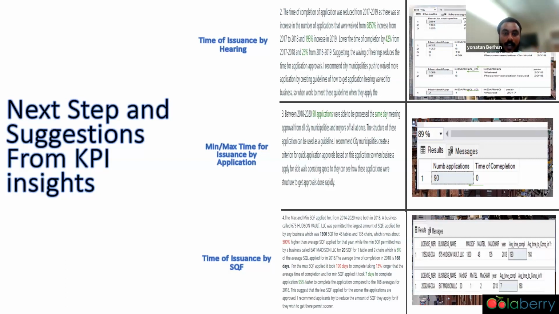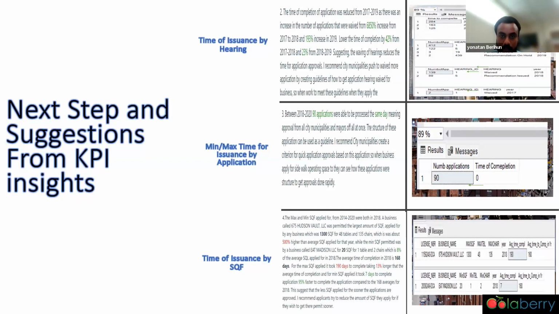It wasn't until 2017 and 2019 that the number of applications that were being waived increased drastically, 6,850%. And then again the applications started to decrease, but there were more applications in 2019, where after almost a 7,000% jump, it only went up 200% in 2019.